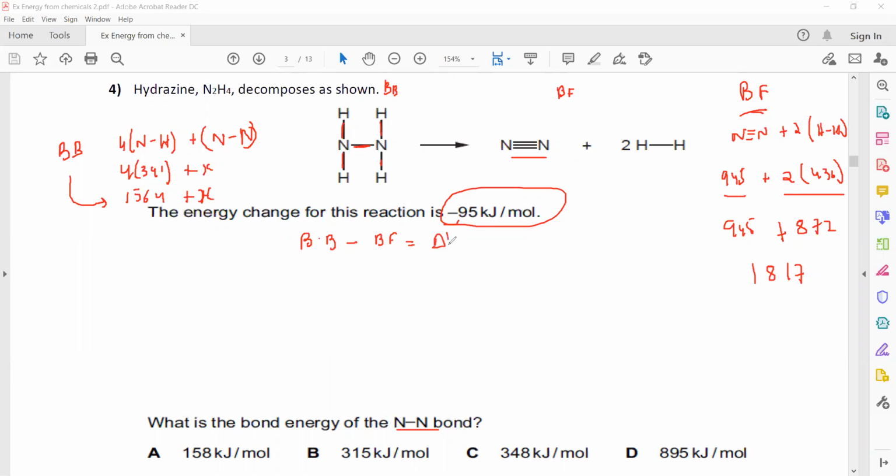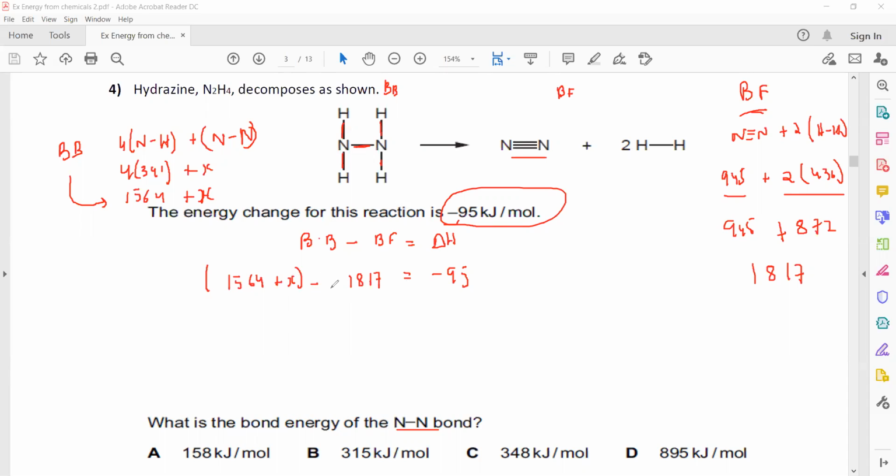You can also write delta H as the energy change. Bond breaking energy is 1564 plus X, minus bond forming energy 1817, equals the energy change. What is the energy change for this reaction? It is minus 95.